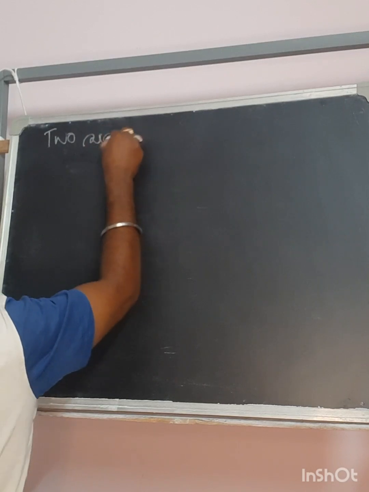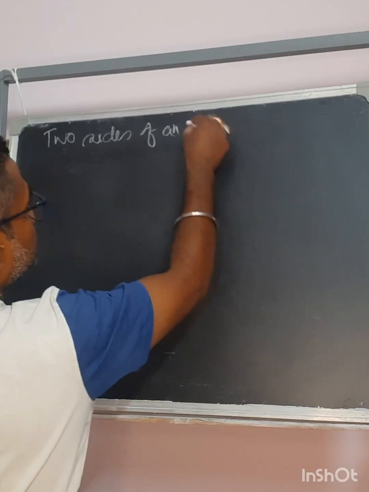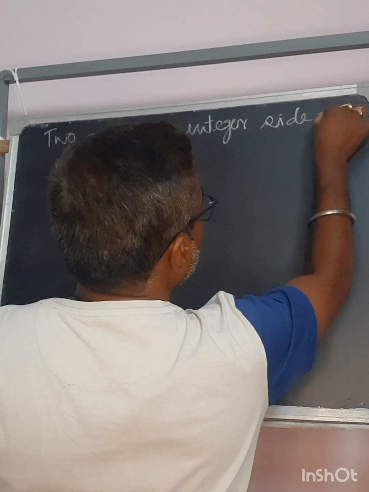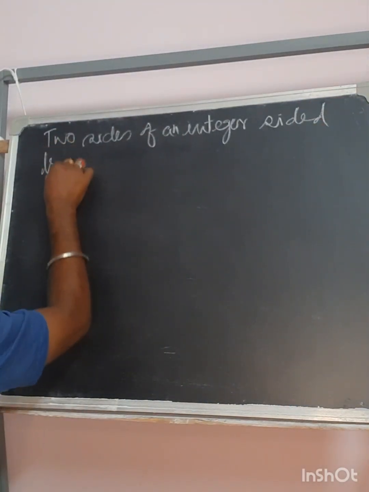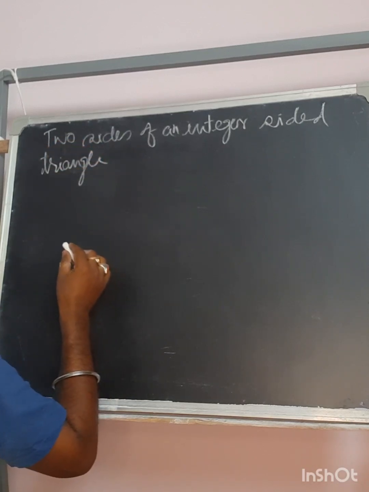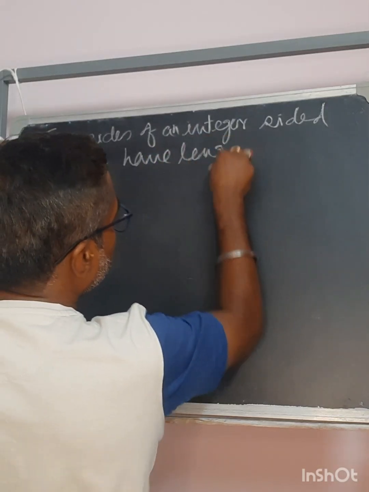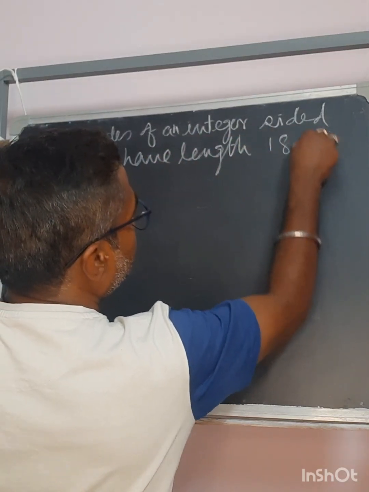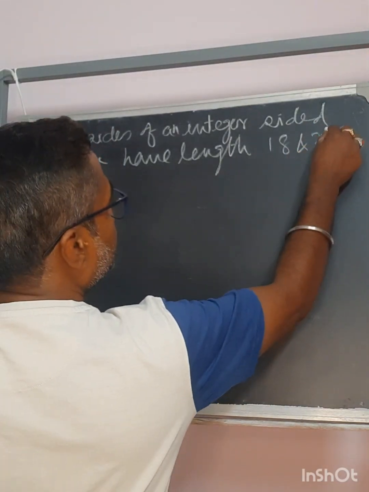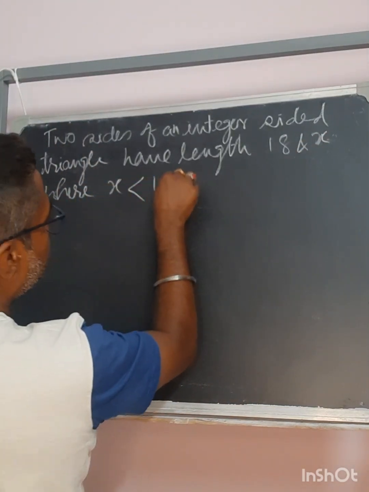Two sides of an integer sided triangle have length 18 and x, where x is less than 100.